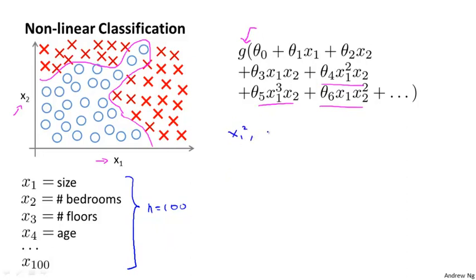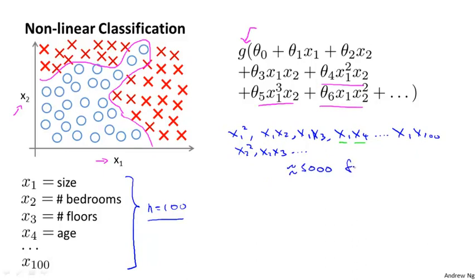There'd be terms like x1 squared, x1x2, x1x3, x1x4, up to x1x100, and then you have x2 squared, x2x3, and so on. And if you include just the second order terms, that is the terms that are a product of two of these terms, x1 times x4 and so on, then for the case of n equals 100, you end up with about 5,000 features.